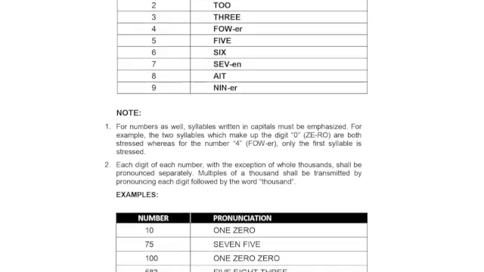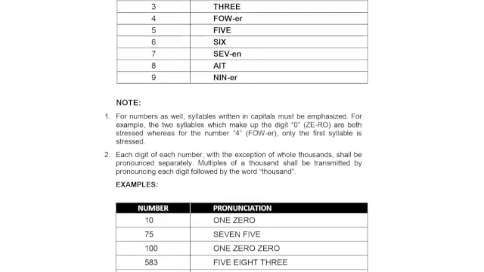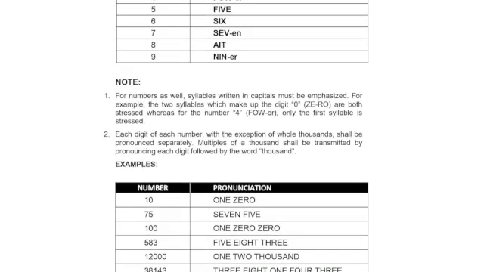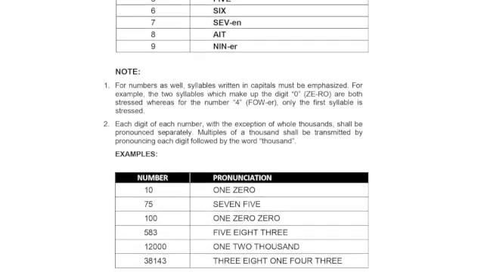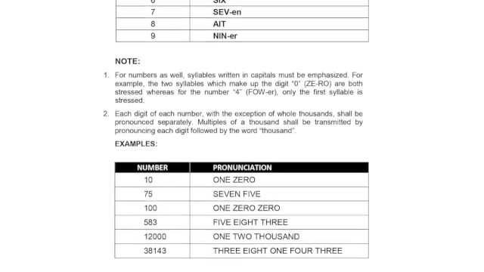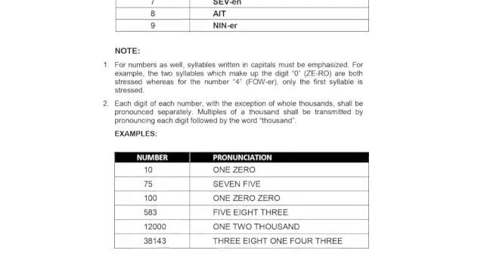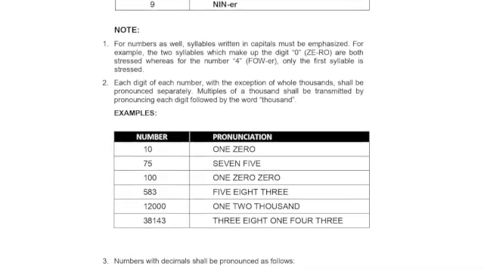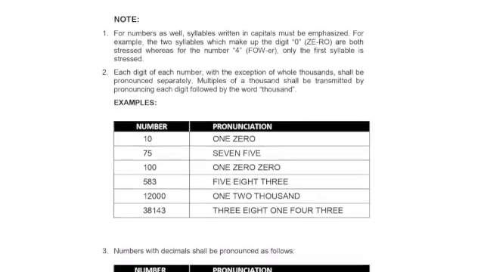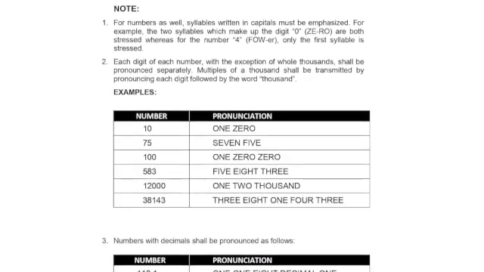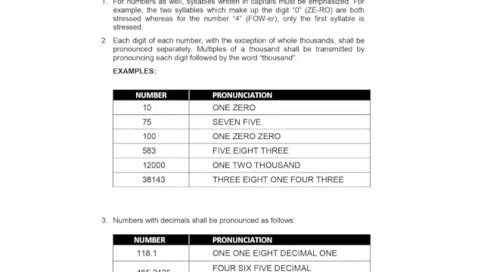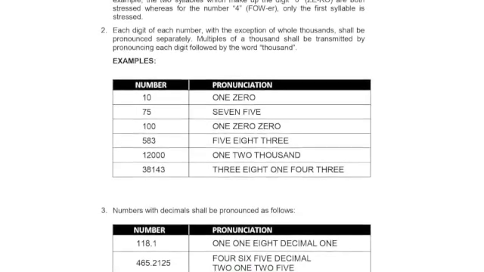2. Each digit of each number, with the exception of whole thousands, shall be pronounced separately. Multiples of 1,000 shall be transmitted by pronouncing each digit followed by the word thousand. Examples: 10, 75, 100, 583, 12,000, 38,143.